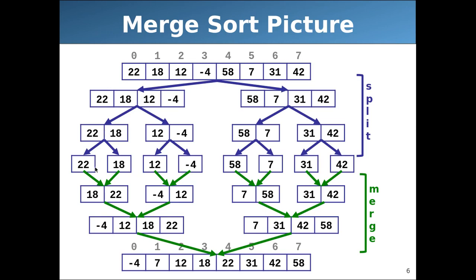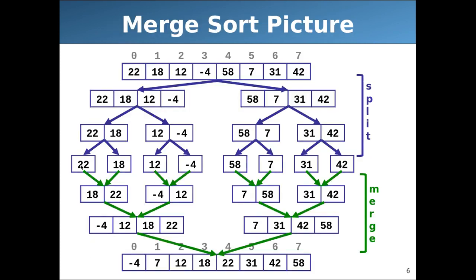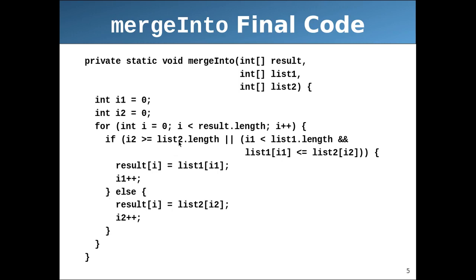So if we come here, these are single elements, so back in our merge into, these would be of length 1, so this for loop would just execute once, but it would find that list 2 had the smaller element and put that in there. Well, I guess it would go twice.